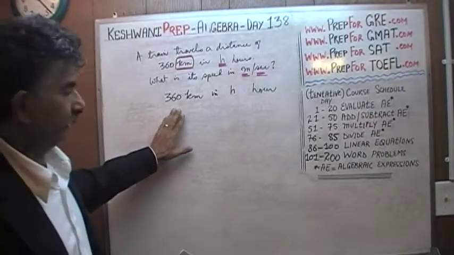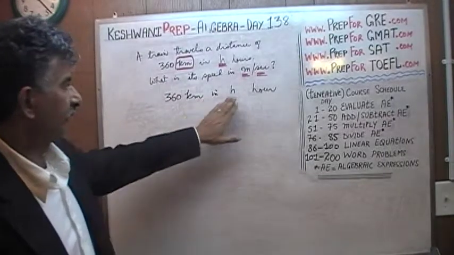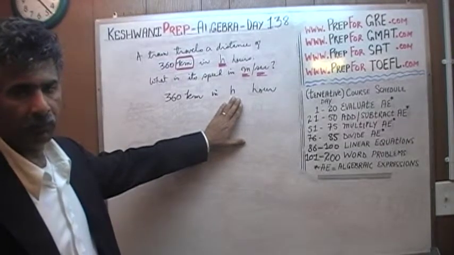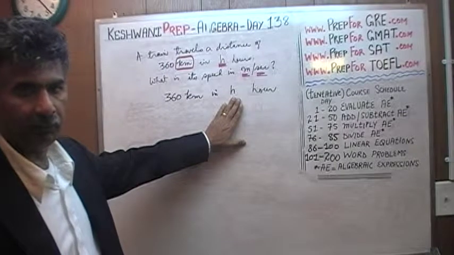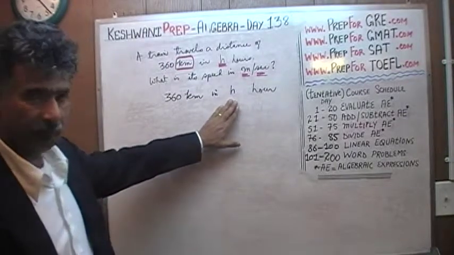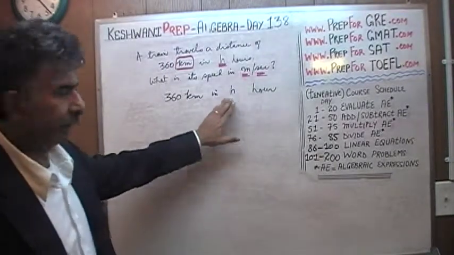For example, if we were told that 360 kilometers in 3 hours, then in order to find out how much the train is traveling in 1 hour, we would have divided 360 by 3.